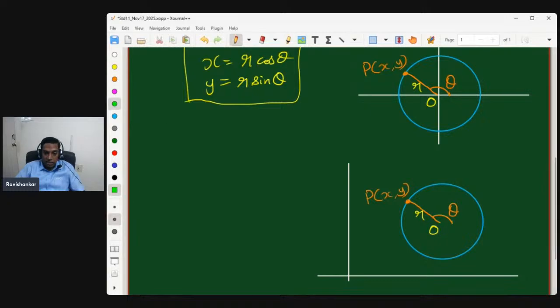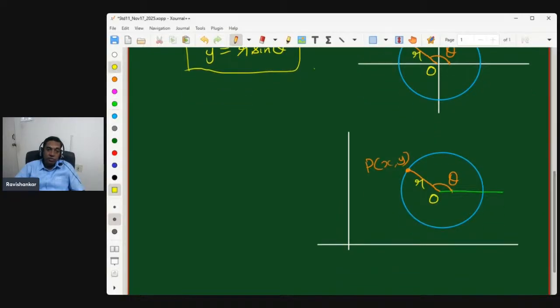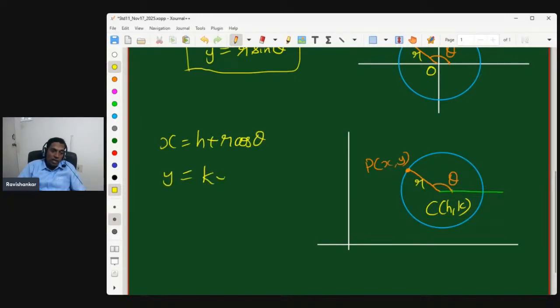That means theta is the angle made with the positive x-axis, and if instead of origin you call it as center h comma k, then you can say that x is h plus r cos theta and y is k plus r sin theta. So this is the big idea, and that is what is given in the parametric form.